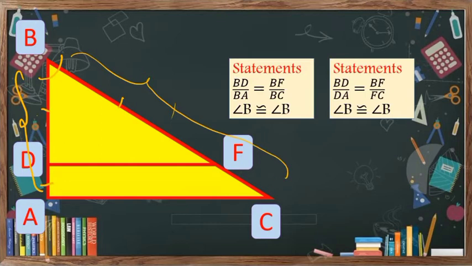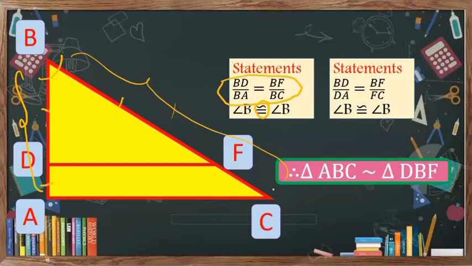And then angle B is congruent to angle B. If you're going to make a proportionality statement, you're going to look at the sides, and angles must use this symbol, congruent. Therefore, triangle ABC is similar to triangle DBF by SAS Similarity Theorem.